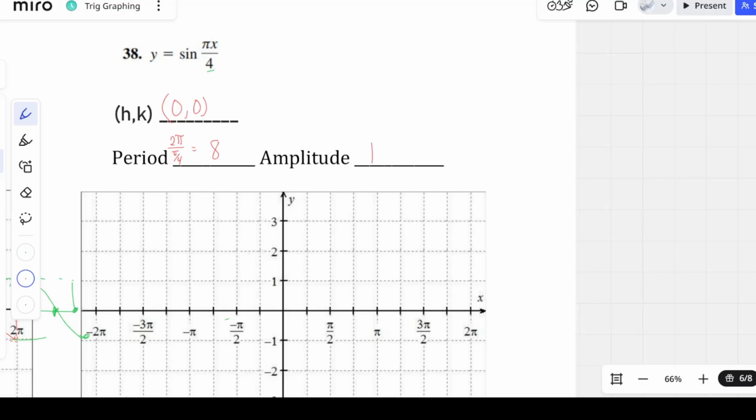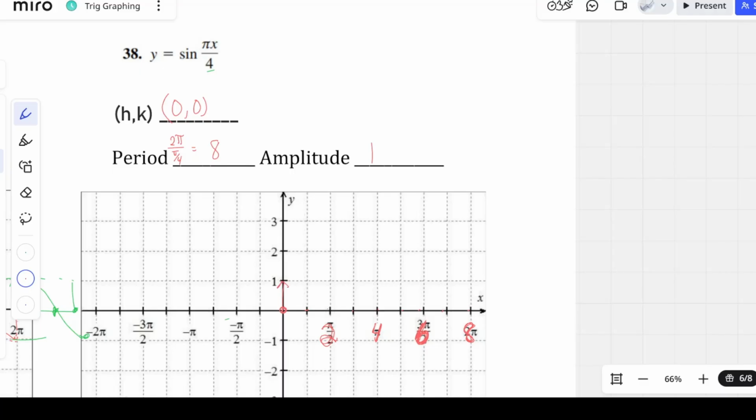I'll have to change my scale again. So 8. See, it's like I can go 1, 2, 3, 4, 5, 6, 7, 8. Start at HK.